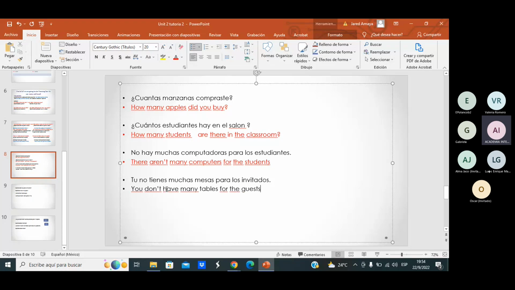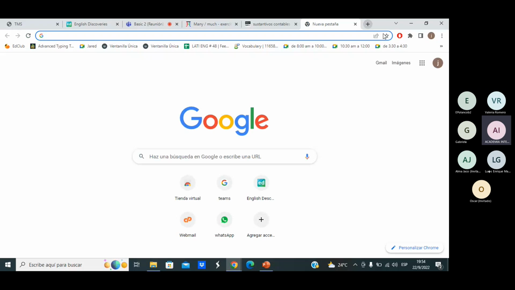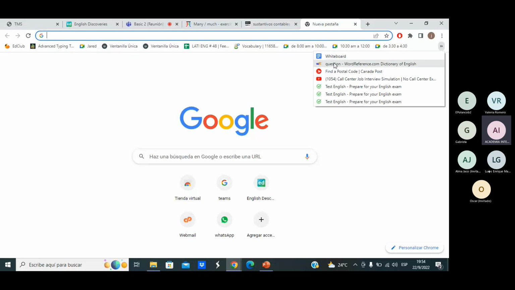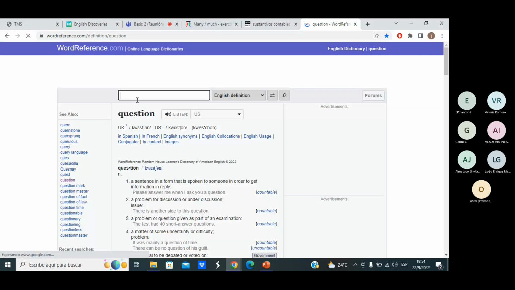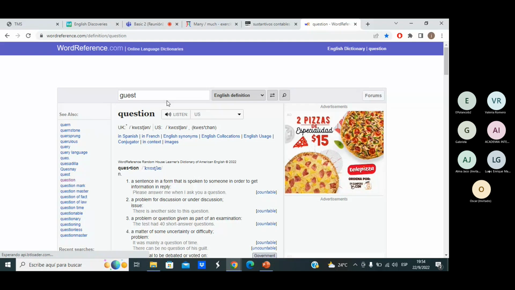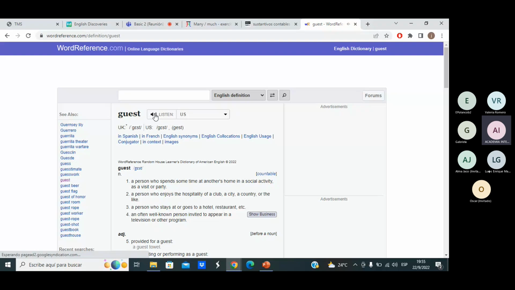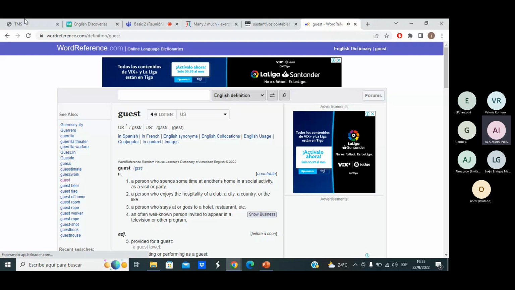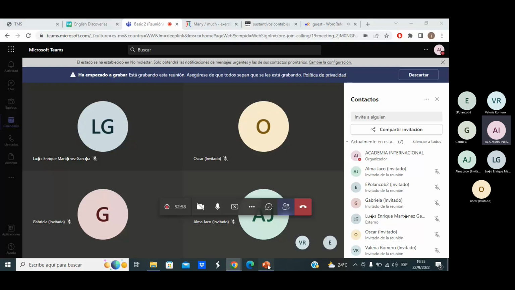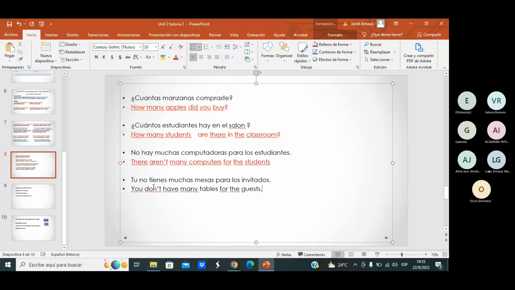Sí, sí se escribe, pero se pronuncia guests. Vamos a ver aquí. We are going to look for the pronunciation in the dictionary. Guest. But here it is in plural. Guests.